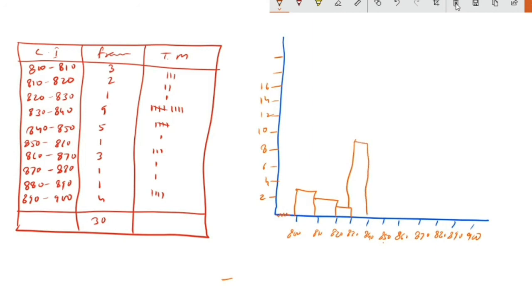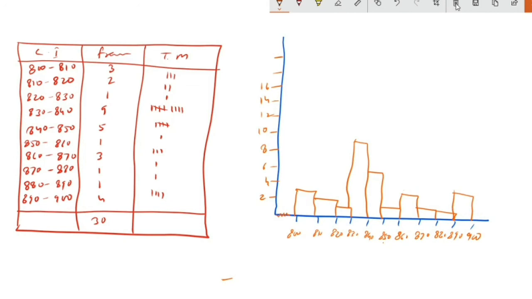Okay, please ignore my diagram, it is not good. Then 5, then 1, again 1, then 3, then 3, then again 1, again 1, then 4 is here. So this is the diagram for this particular question.